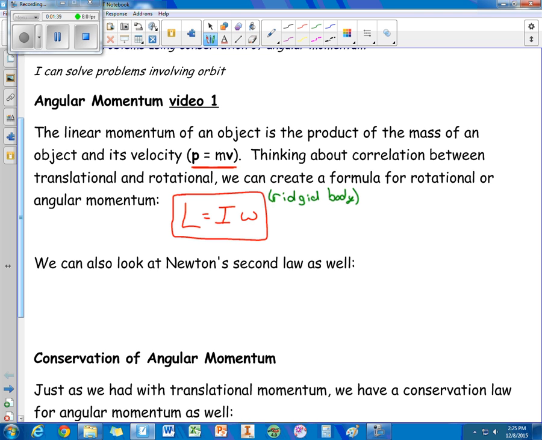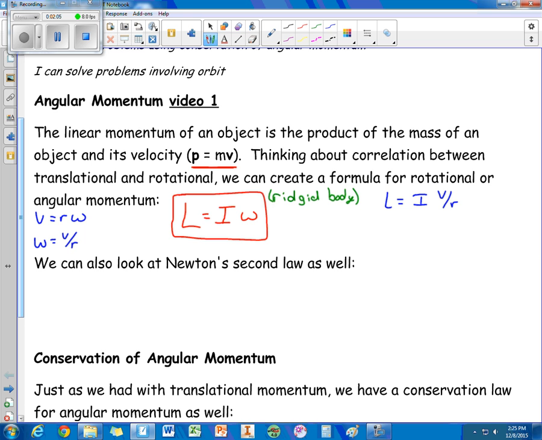Okay, another way of looking at this, just playing around with this formula now, remember that v equals r times omega. That's our bridge between linear and rotational. So omega would equal v over r. So we can replace that. We can say L equals I times v over r.